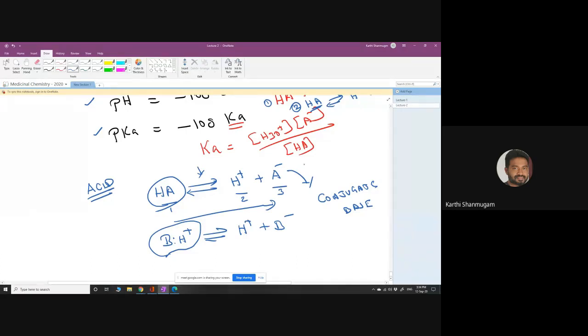If this is conjugate base, what's the name for this?